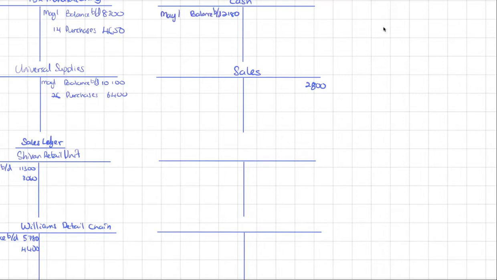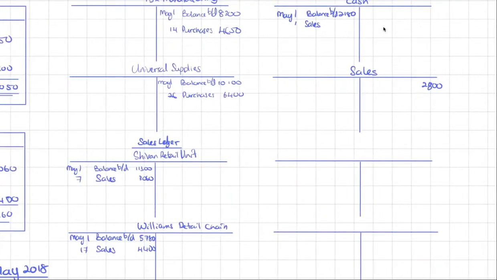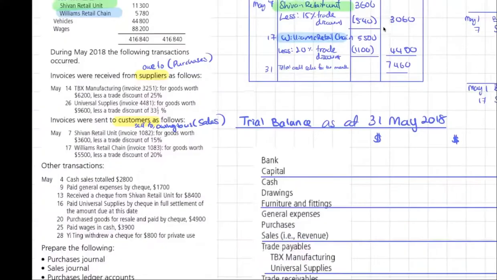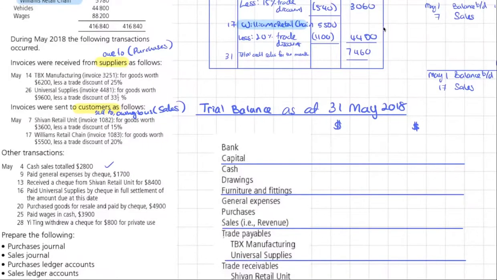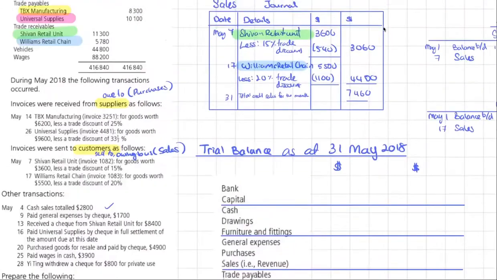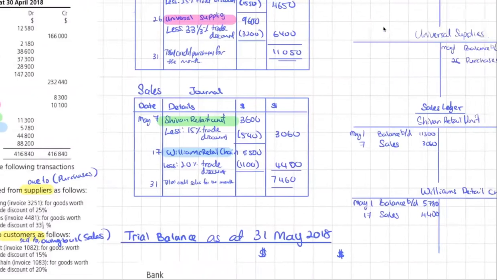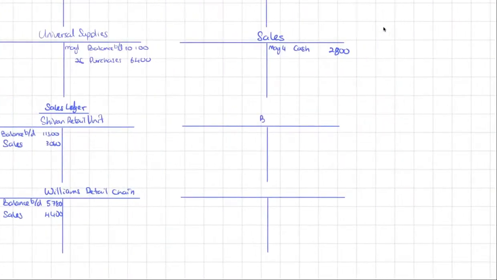And then here will be sales on May 4th, 2,800. May 4th, cash. Okay, done. Let's do the next one. General expenses by check 1,700. So we need to open our bank account. Let's open our bank 12,580, balance brought down.